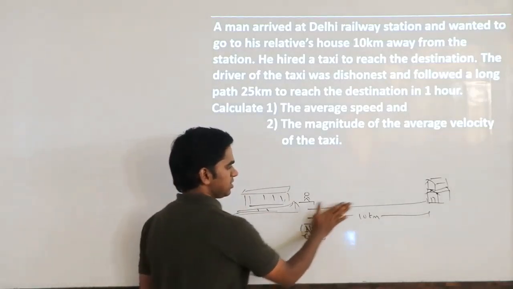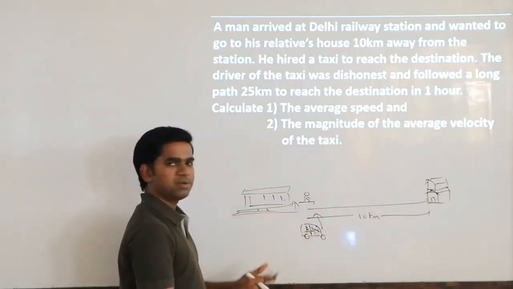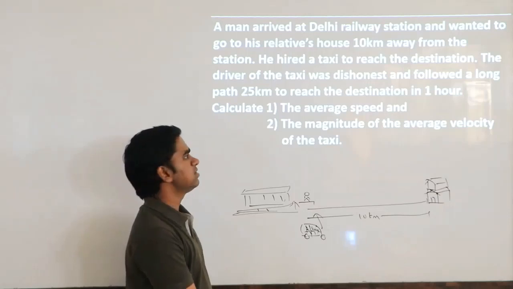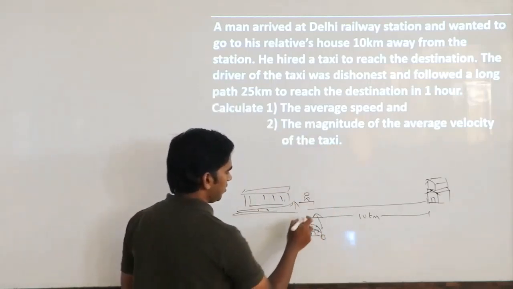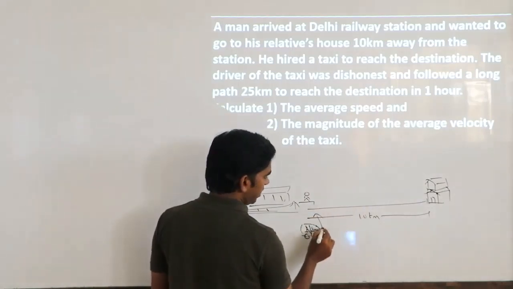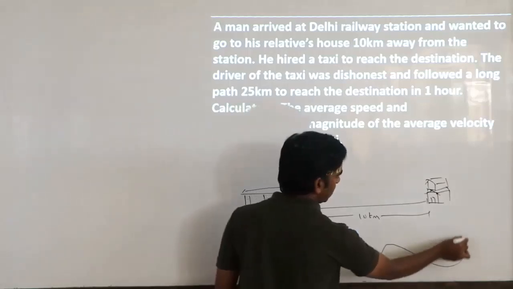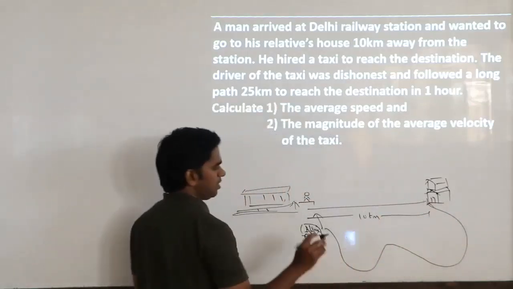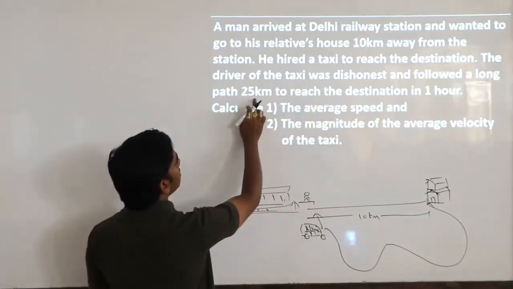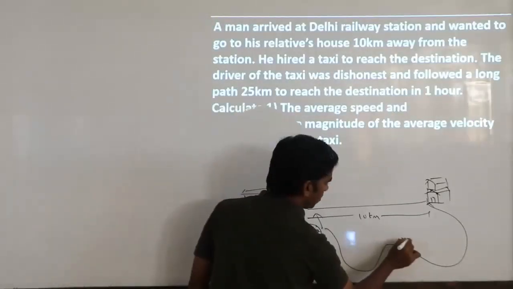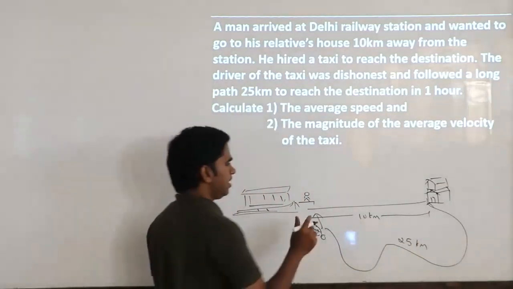Instead of going directly through 10 kilometers, anyhow he wants to earn something more, so he is very dishonest, so he will go around somewhere and make it 25 kilometers. So instead of going here, this taxi person will go on this side and come here. Actually 10 kilometers, but what he has taken, he has followed a path of 25 kilometers. This is the 25 kilometers. Time taken is 1 hour.